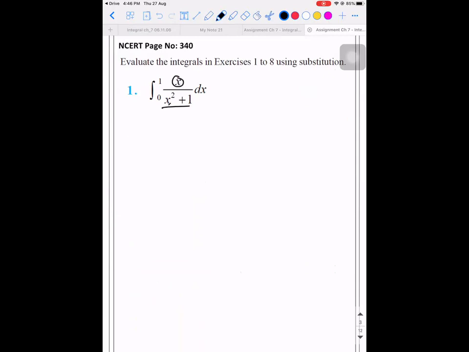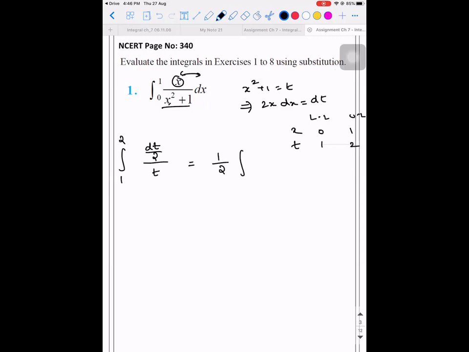Take x squared plus 1 itself as t, which implies 2x dx will be equal to dt. Lower limit, upper limit: x is 0, t is 1; x is 1, t is 2. So the integral from 1 to 2, in the place of x dx, I can write dt by 2, divided by, in the place of x square plus 1, t.